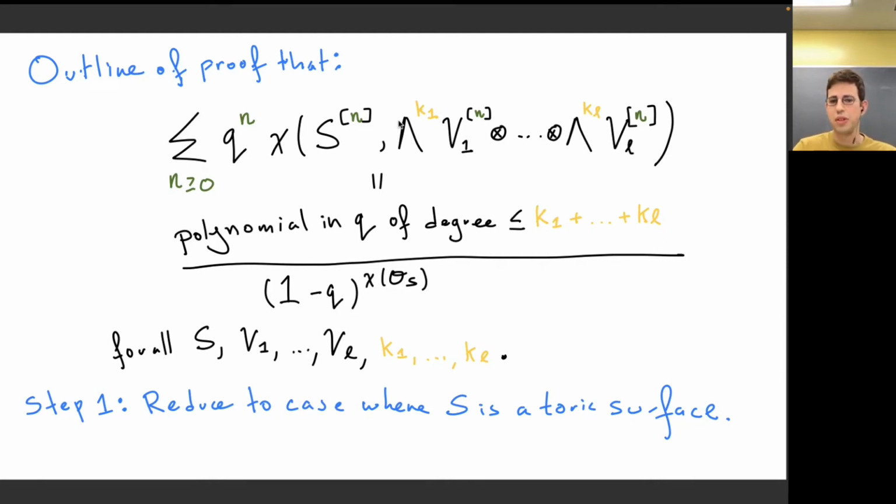Computing their push forwards is not something I think is so easy to do. So one has to have some other techniques, and when S is toric, there are other techniques one can access. So let's see how to do this. First, I want to reduce to the case when S is toric.